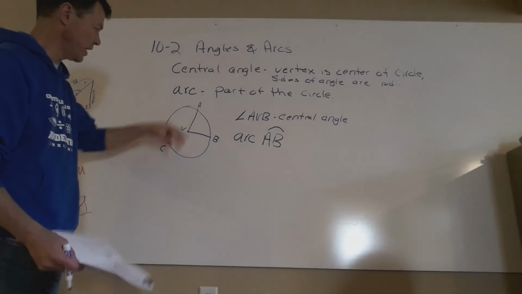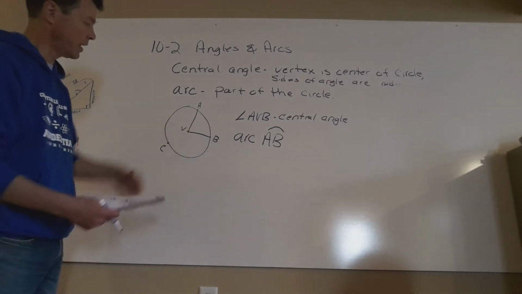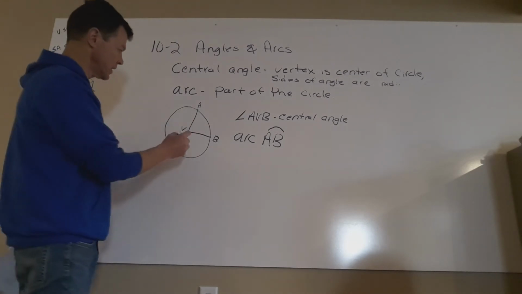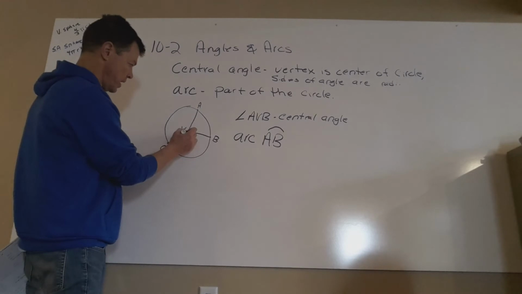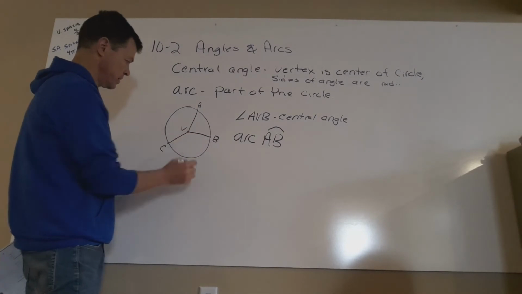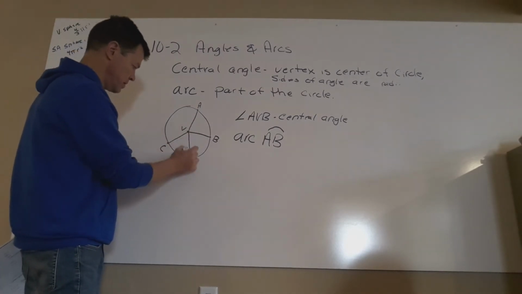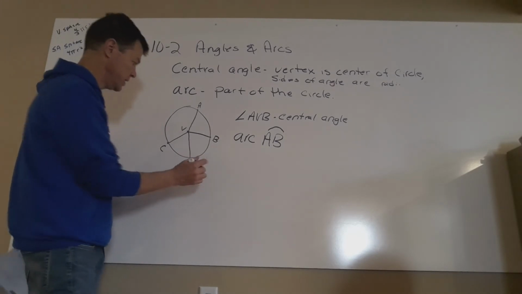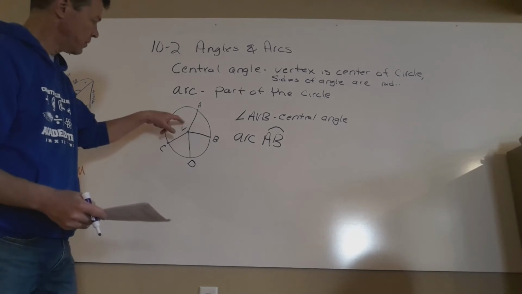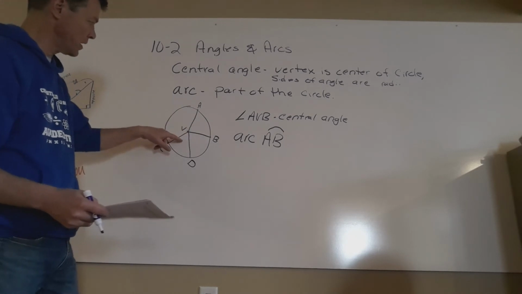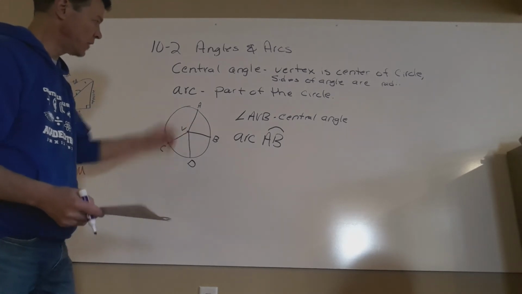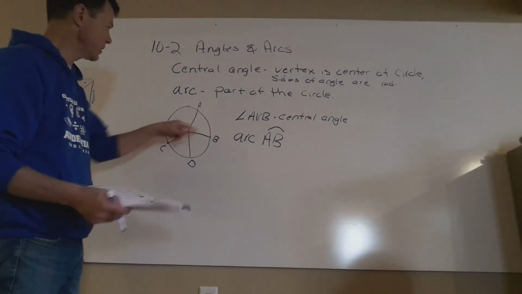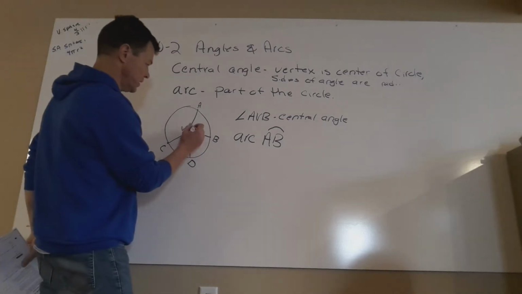If we had other angles than these, they would all add up to the total angles around the circle, which would be 360. So I'm going to add another, call that point D. So we have 1, 2, 3, 4 angles. If I took measures of all 4 of those angles, they would add up to 360 degrees. All right, so again, we said AB is 80 degrees.